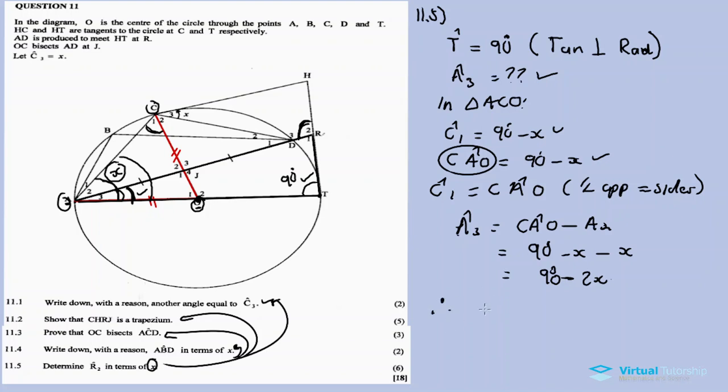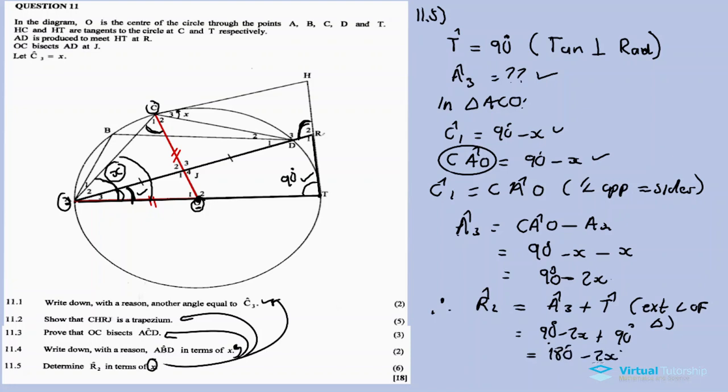Therefore, now angle R2 will be equal to angle A3 plus angle T. Angle T, not T1, but angle T, because R2 is the exterior angle of a triangle. Therefore, R2 will be equal to A3, 90 degrees minus 2x, plus T, which is 90 degrees, and then 90 plus 90 is 180 degrees minus 2x. Yes, minus 2x. So this is our answer for R2.